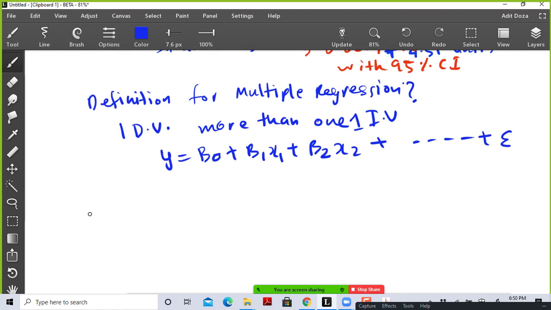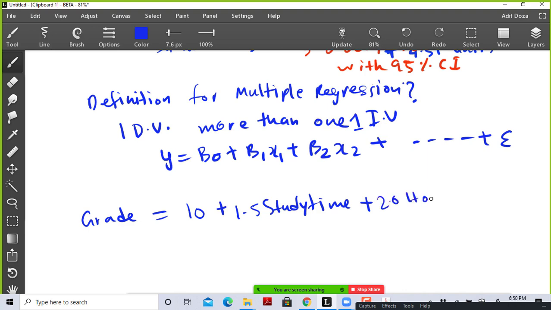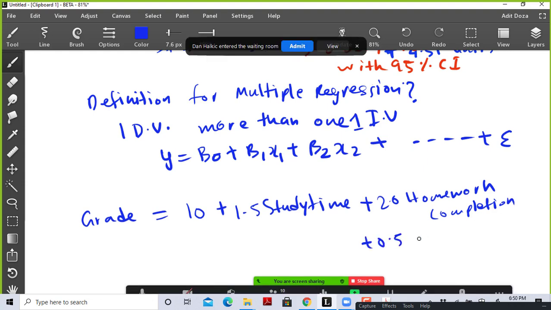Let's say your overall grade in the class, just as an example, equals 10 plus, instead of beta 1, let's say 1.5 study time, plus, let's say if you study more, your grade will improve, then your homework, 2.0 homework completion, and let's say 0.5 attendance.